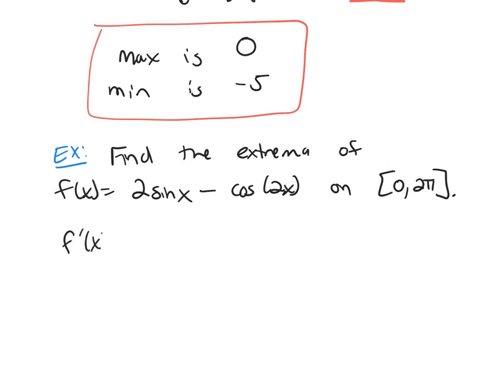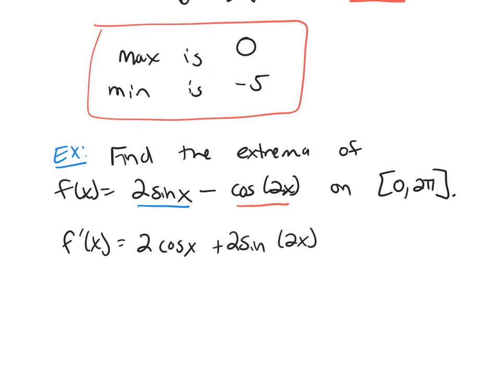So f prime of x, the derivative of 2 sine x, that's going to be 2 cosine x. And then here, for cosine of 2x, you're going to have to use the chain rule. So the derivative will be, the derivative of cosine is a minus sine, so it'll become plus sine of 2x times the derivative of the inside, and the derivative of 2x is 2.